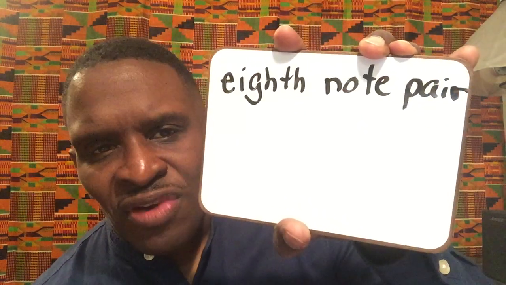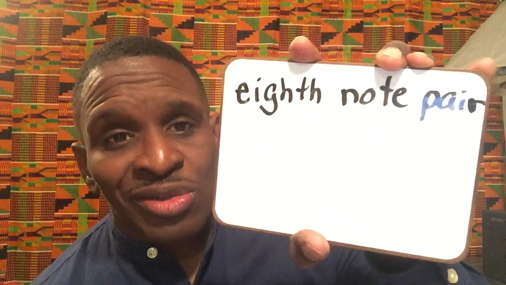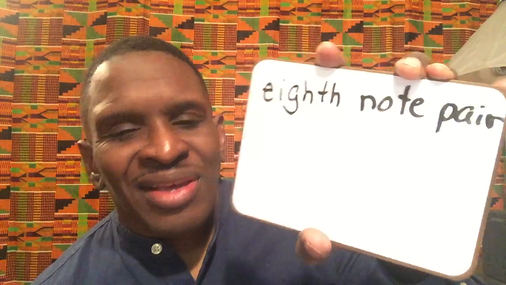Okay? So let's draw an eighth note pair. Get out your dry erase board. Write out eighth note pair. Anytime you need to stop the video to write down the word, please do that. Then we draw a note and a stem, just like a quarter note.